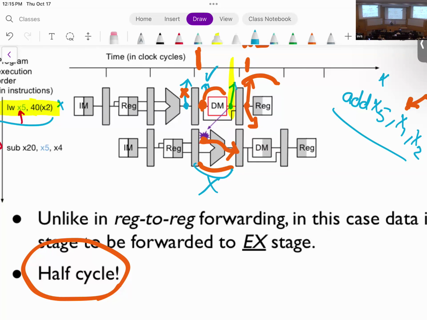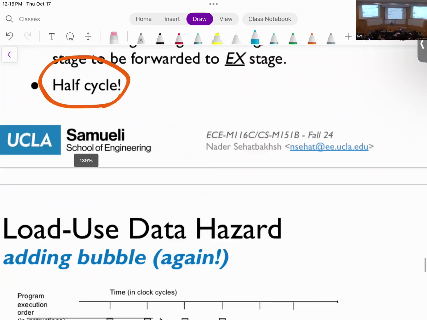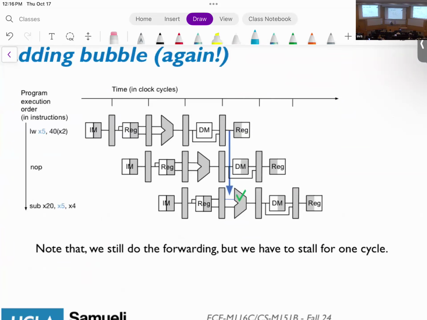And then in the next cycle, when the value now is here, now we can forward from here to the ALU operation. So we're going to do it this way. Essentially, what used to be load and then sub is now load, no op, and sub. Once load goes here, at this point the value becomes ready.